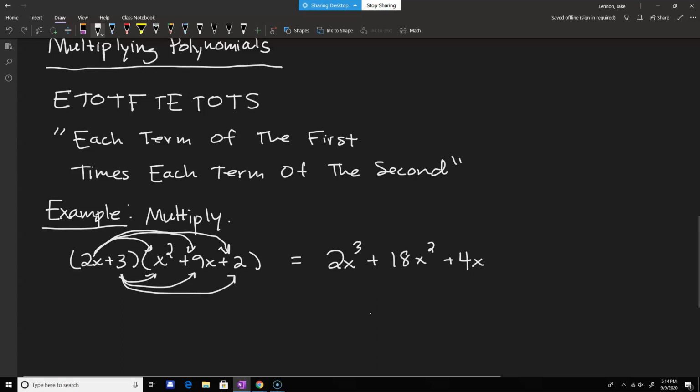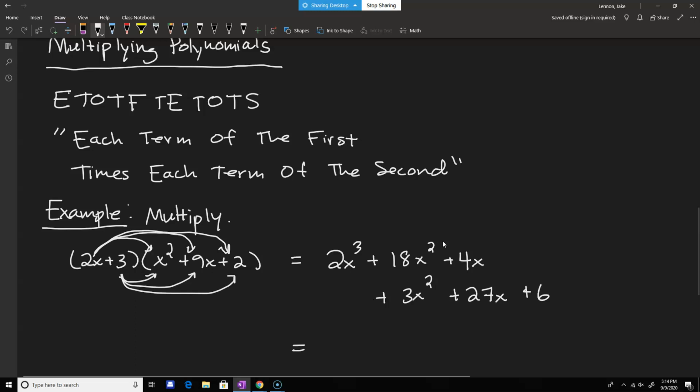So then what we can do is go to the line below and move 1 spot over and start multiplying by our 3's. So we've got 3 by x squared gives 3x squared. And then 3 times the 9x, the middle term, gives 27x. And then 3 times the last term, 2, is a plus 6. So then you can just add vertically. Notice the way I've done it, they all line up in terms of like terms.